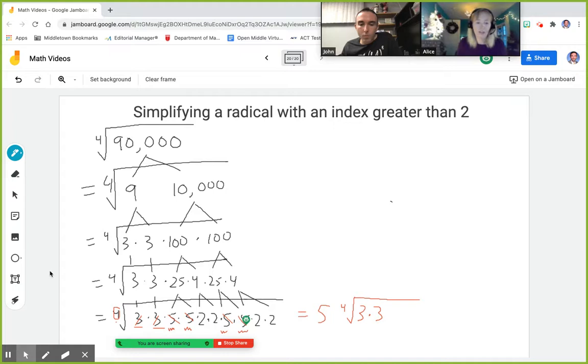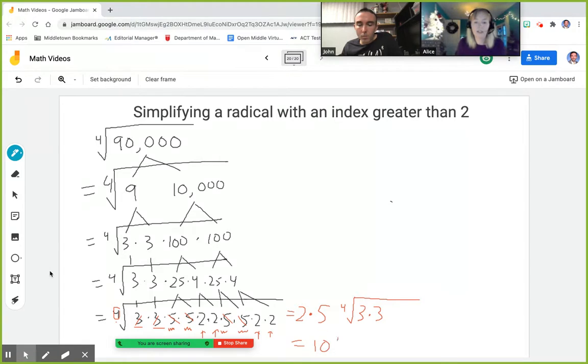Now I'm going to look, and I've got a 2, a 2, a 2, and a 2. I've got 4 of them. So I can also pull out the 2. Let me give myself a little more space here. So I'm going to pull the 2 out. So I'm left outside the radical with 2 times 5, which is 10.